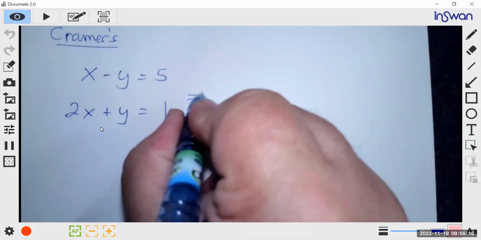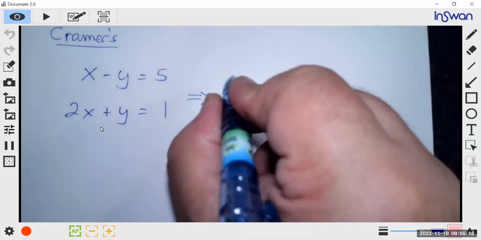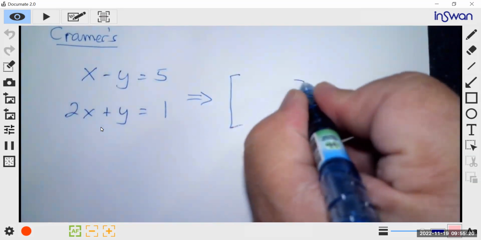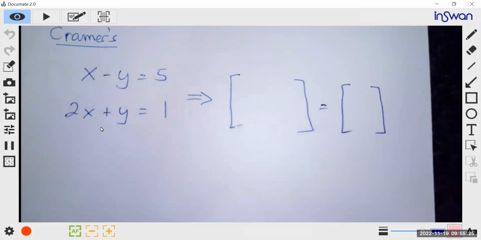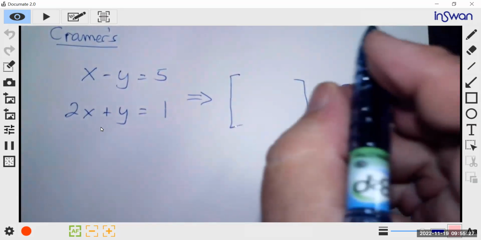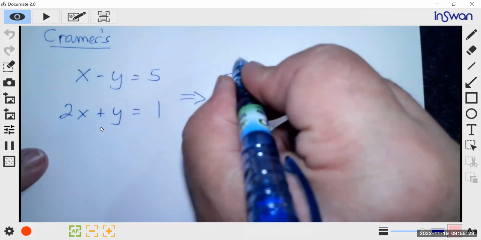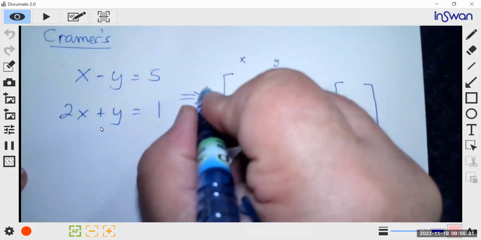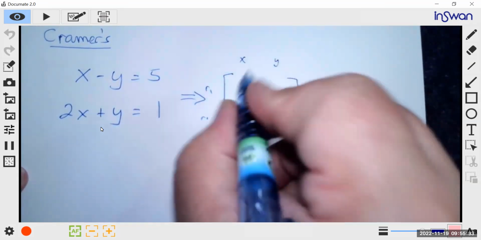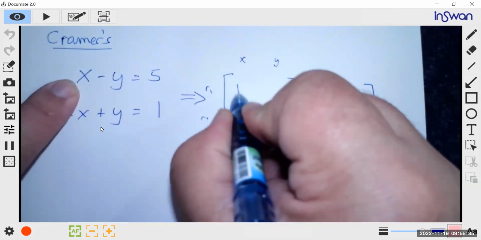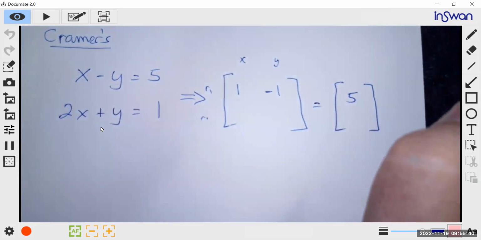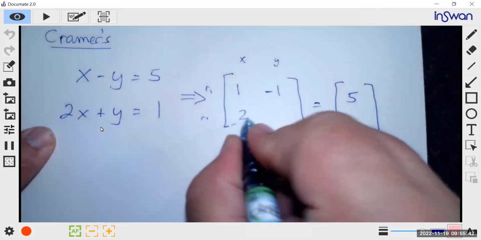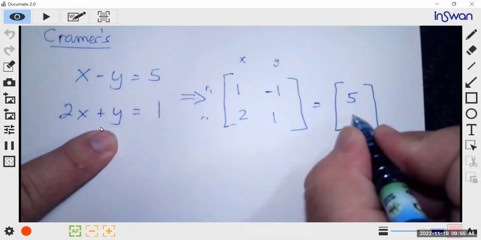So the first thing we have to do is convert it to matrix notation. Remember, the first column is our X's, the second is our Y's, row 1, row 2. So the coefficients: 1, -1, and 5. 2, +1, and 1.